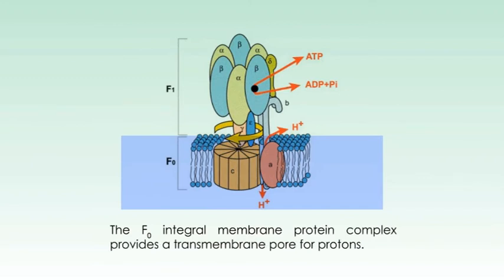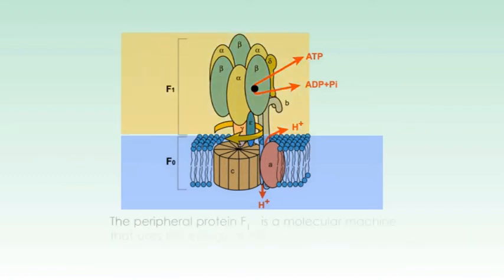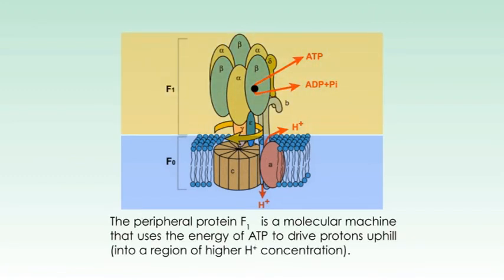The F0 integral membrane protein complex provides a transmembrane pore for protons, and the peripheral protein F1 is a molecular machine that uses the energy of ATP to drive protons uphill into a region of higher hydrogen ion concentration.